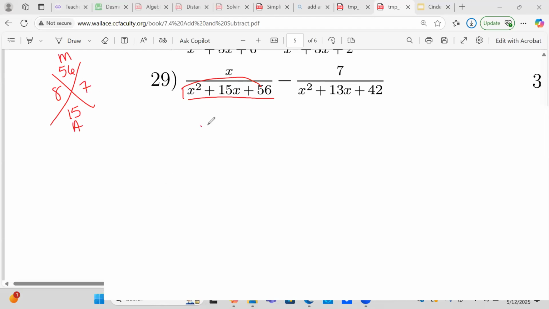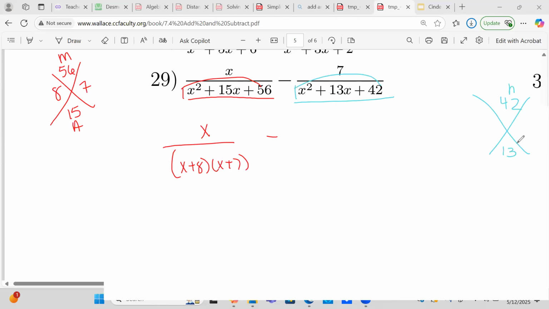So we would have x over, we factor to x plus 8, x plus 7, minus, and now let's factor the second one. There's a 1 there. 42 and 13. So multiply here, add there. That's 6 times 7 is 42, and 6 plus 7 is 13. So there.